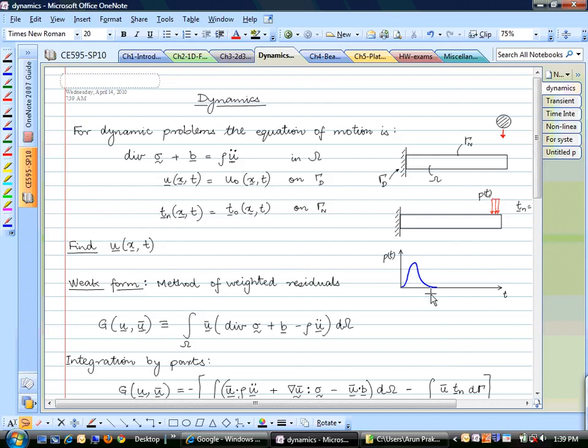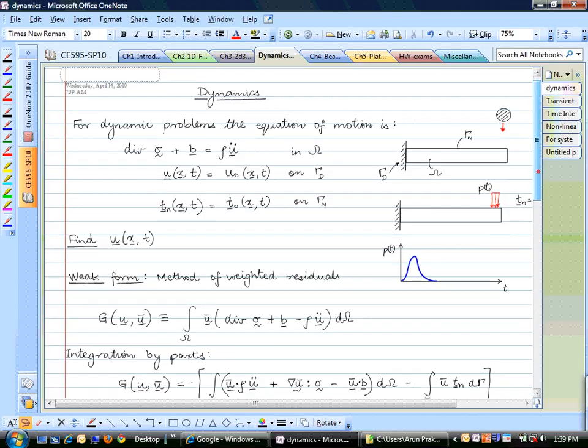So this entire time would be the time of contact between the object and the beam. And since you are applying a time varying load, again the beam is going to oscillate, and the wave might be propagating along the length of the beam. So these are the governing equations and the boundary conditions for a structural or solid dynamics problem. Now all we are going to do is take this equation, follow our steps of the finite element formulation, and let's see what happens.